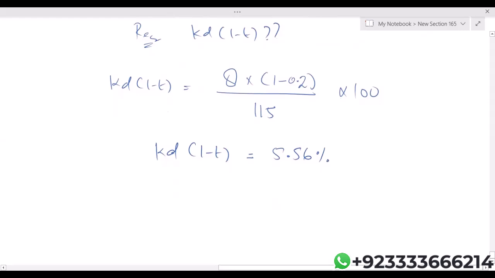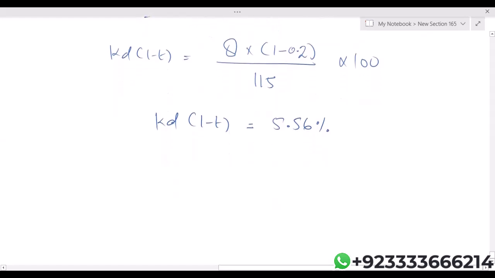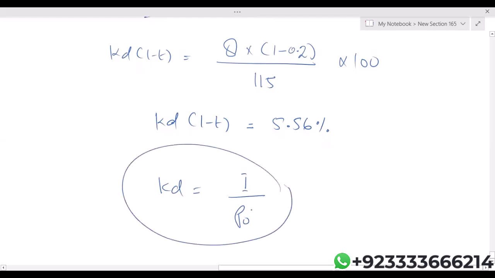Now, let me tell you one more thing. Please watch what I'm writing. For example, if I'm just writing KD is equal to I upon P naught, by using this, obviously I can calculate P naught.